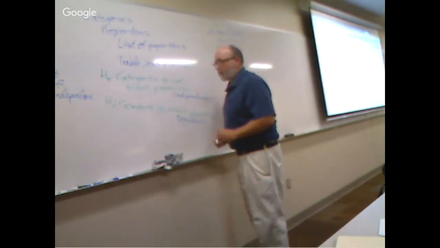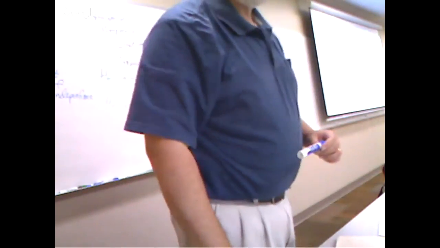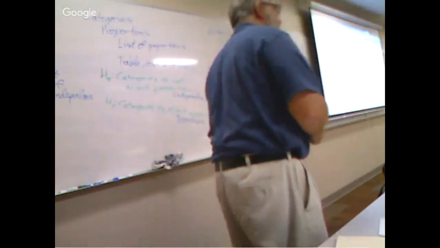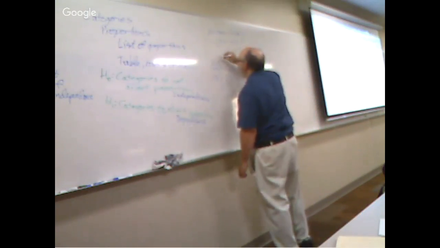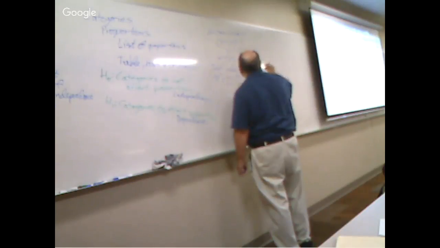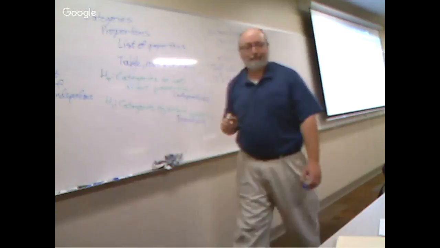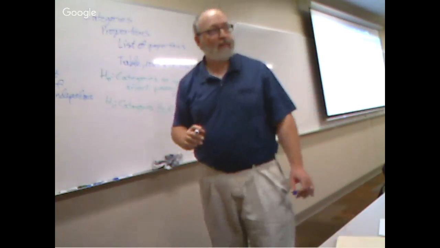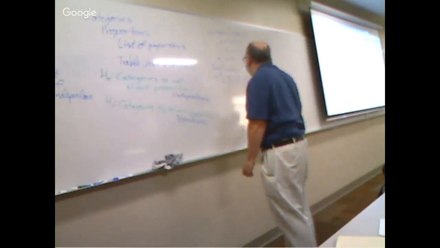There are 2 degrees of freedom. So what's our critical value for 2 degrees of freedom at alpha 0.05? 5 point what? 991. 5.991. Okay, so far.